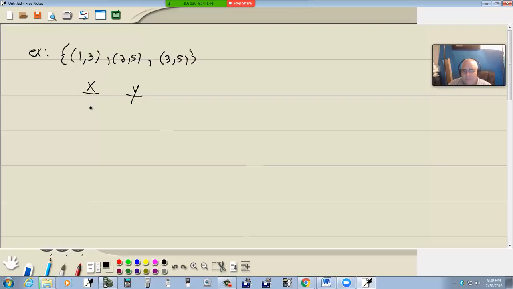So I've got 1, 2, 3. And then I'm going to put my y values down, going from smallest to largest, not repeating any. So I've got 3 and 5. Now this point here, (1, 3), maps 1 to 3. (2, 5) maps 2 to 5. And (3, 5) maps 3 to 5.